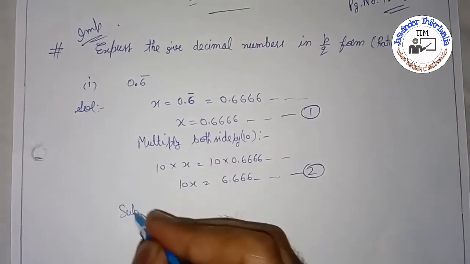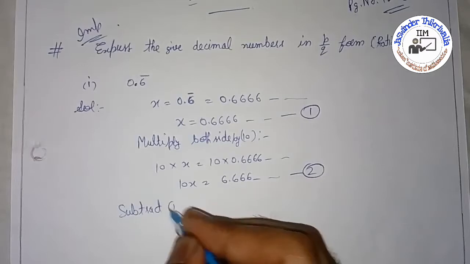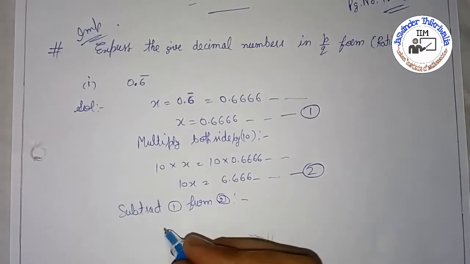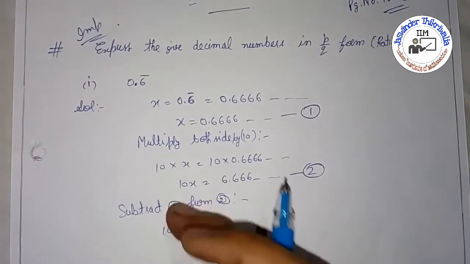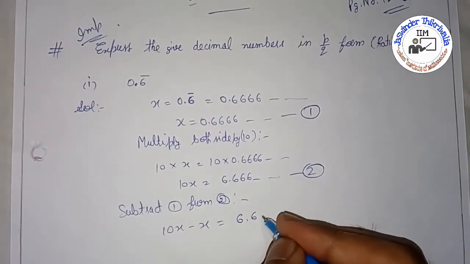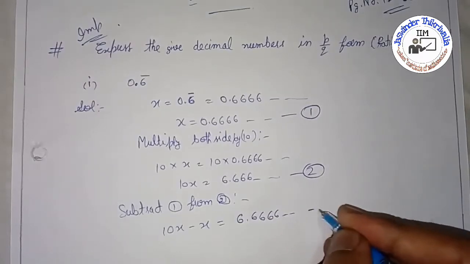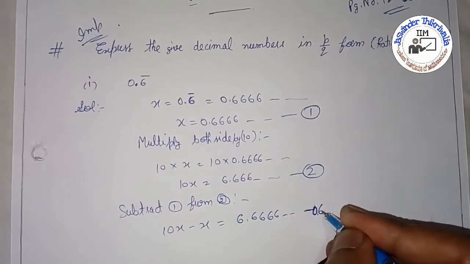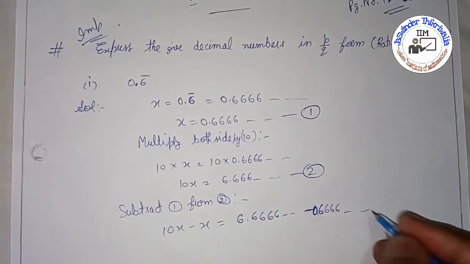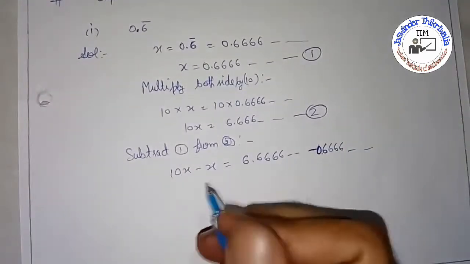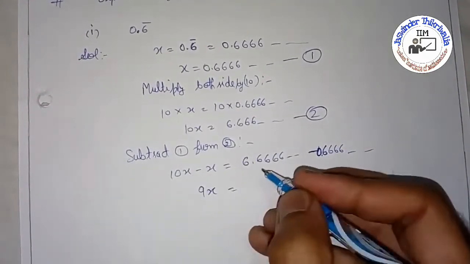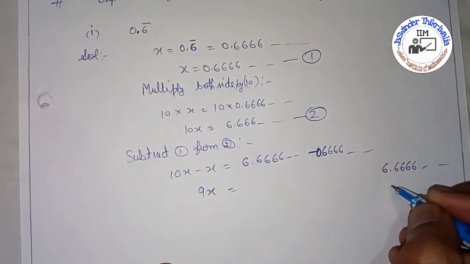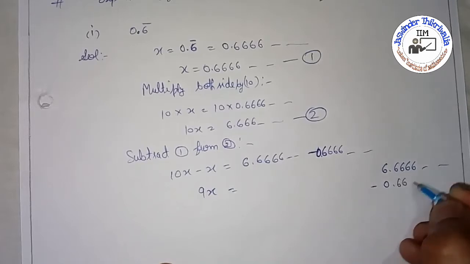So now subtract 1 from 2. Okay, left side from left side, it will be 10x minus x on left side, right side 6.66 and so on, minus 0.666. So what you will get, 10x minus x is 9x, and this I am solving on the side, 6.666 and so on, minus 0.666.